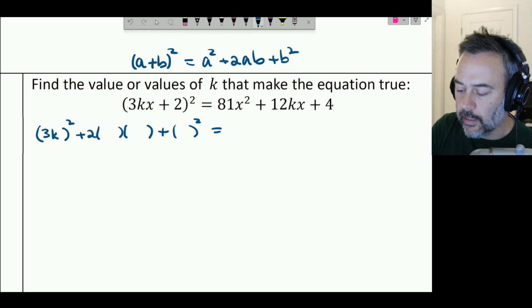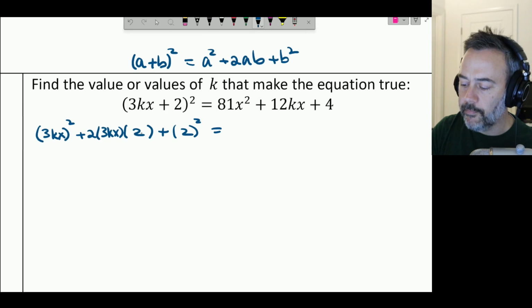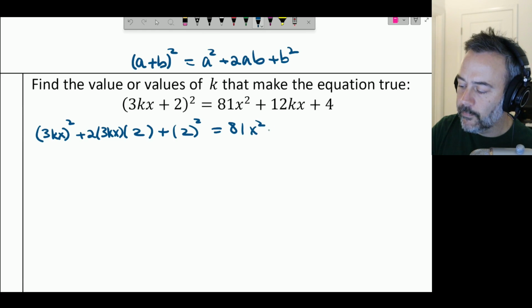3kx, that's a squared, and then in here I put ab. 3kx times 2 times 2. A squared plus 2ab plus b squared. Right-hand side, I'll just write it out. I'm going to keep simplifying my equation.